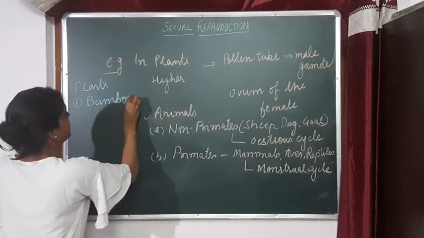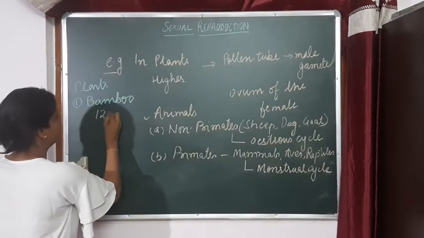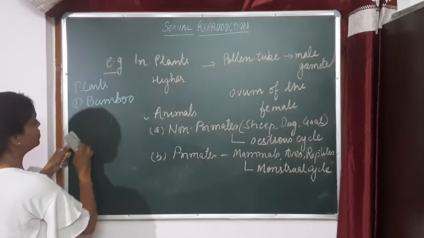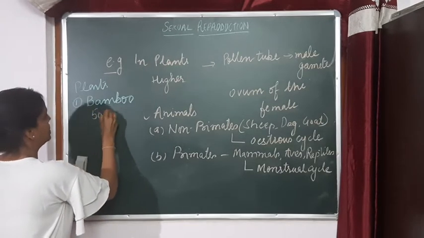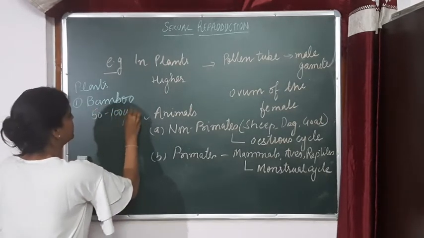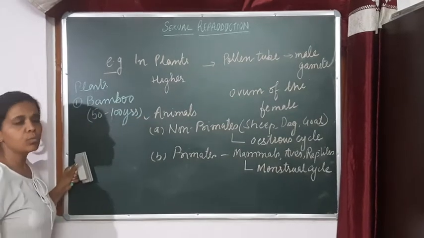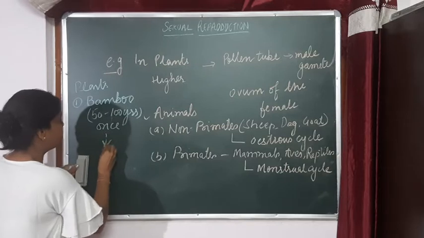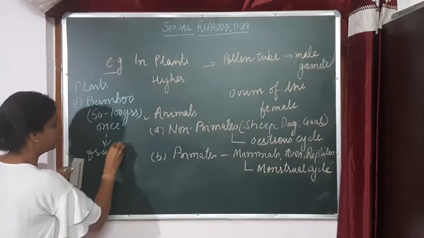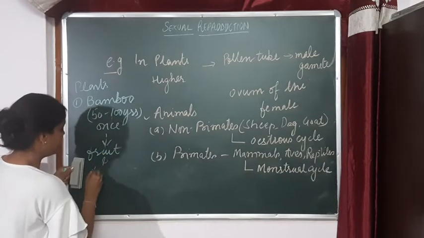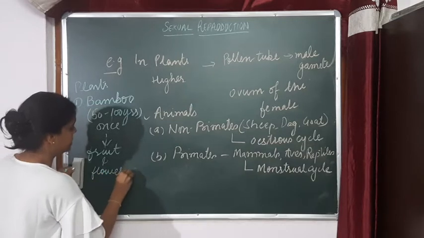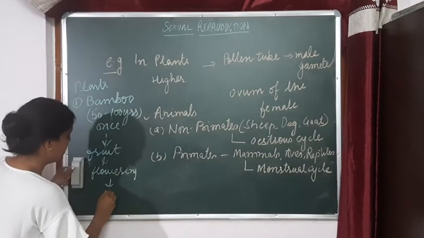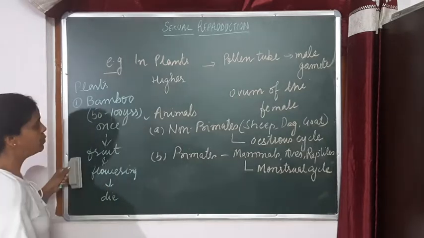The bamboo tree flowers only once in 50 to 100 years, and once the flowering and fruiting are done, it dies. So this is an exceptional case of bamboo.